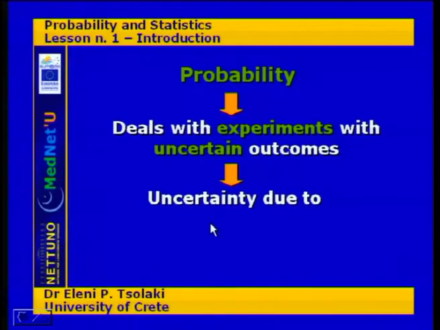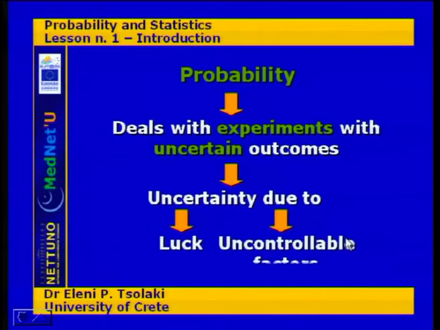Now, the uncertainty that comes in these experiments could be due to luck, like in the example we saw with tossing the coin, or it could be due to other factors that we cannot control. Other examples of experiments where we cannot predict the outcome due to luck could be rolling a die.